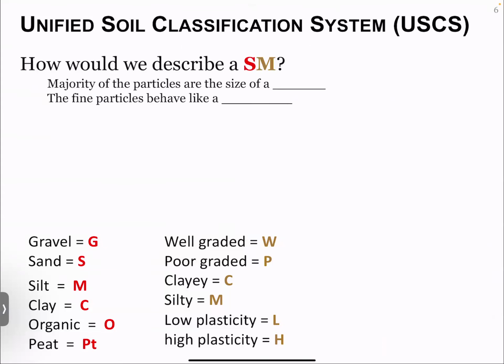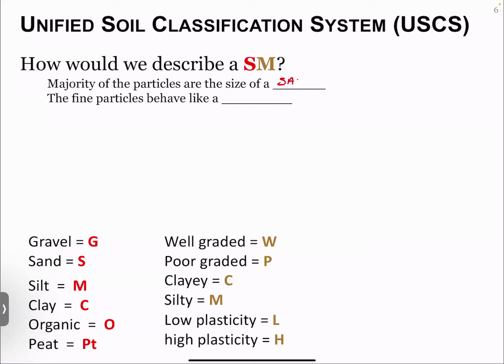I want you to think about what these symbols physically mean, because if you get a report and it says SM on it, what does it physically mean? If we have an SM, the majority of the particle sizes are going to be what? Yeah, sand.